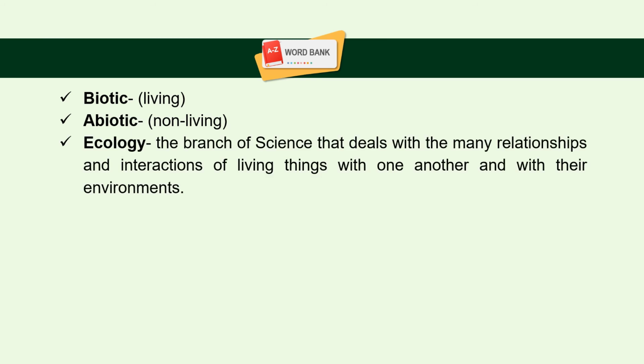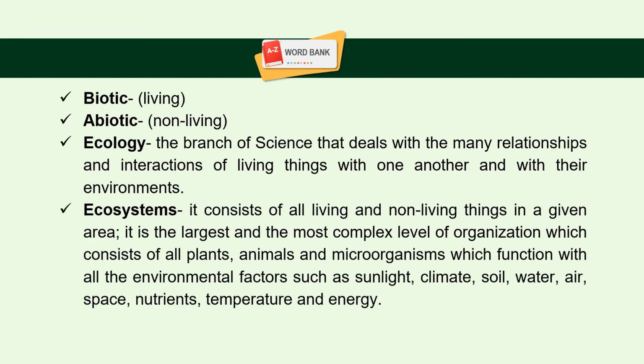Following are terms used in this video lesson. Biotic, or living. Abiotic, non-living. Ecology, the branch of science that deals with the many relationships and interactions of living things with one another and with their environments. Ecosystems consist of all living and non-living things in a given area.